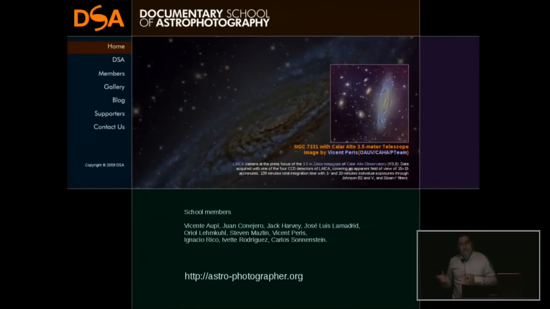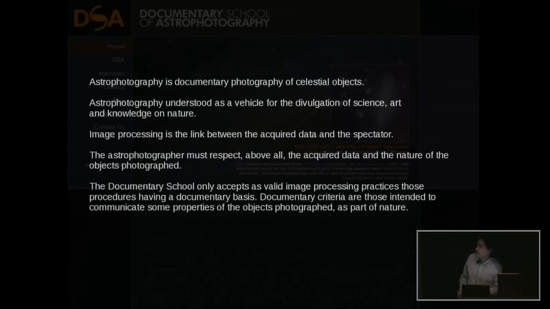So in this way, the image processing is the direct link between the data set and the spectator. This means that the astrophotographer must respect, above all, the acquired data and the nature of the objects, because in no way is the spectator going to be able to check whether this work has been honest or not, because the spectator is not going to see those objects visually.